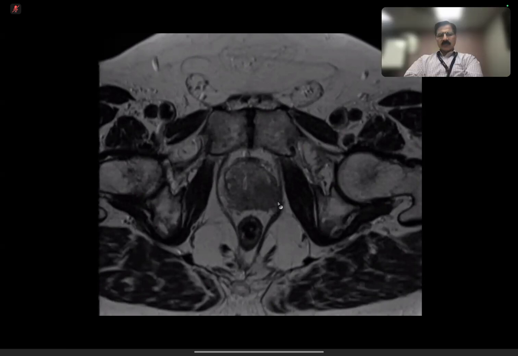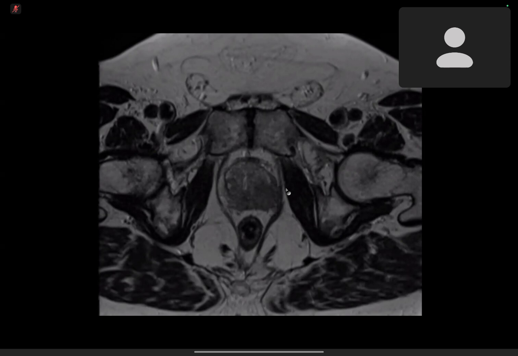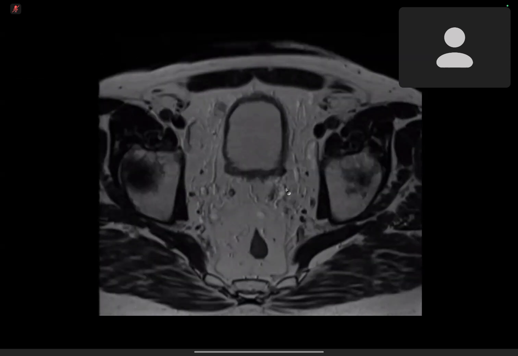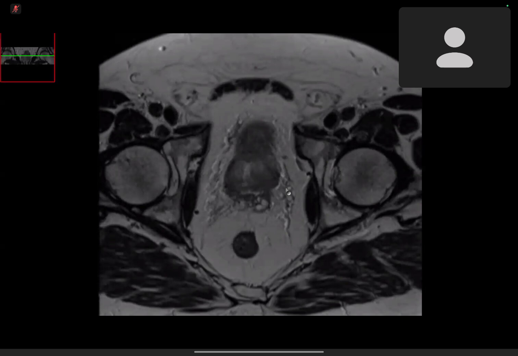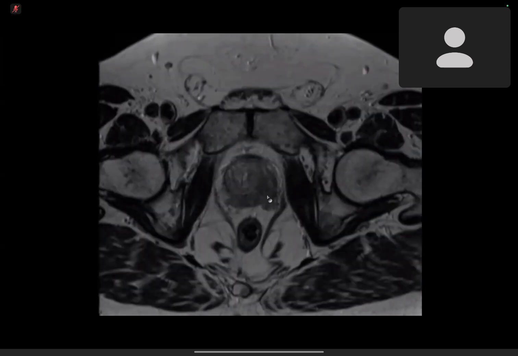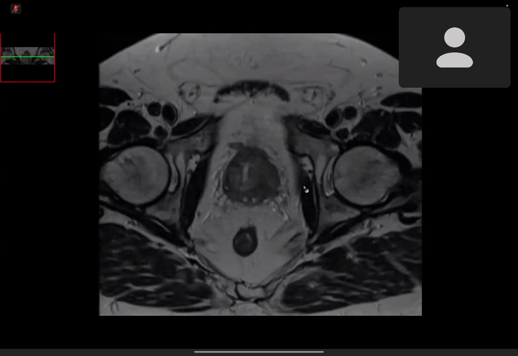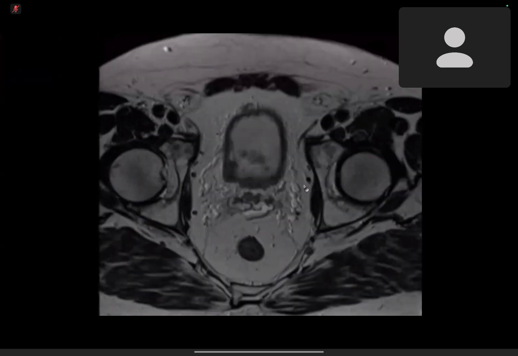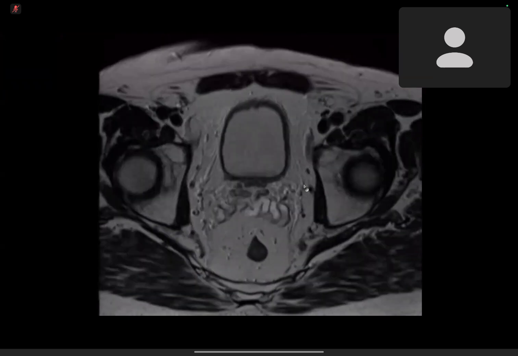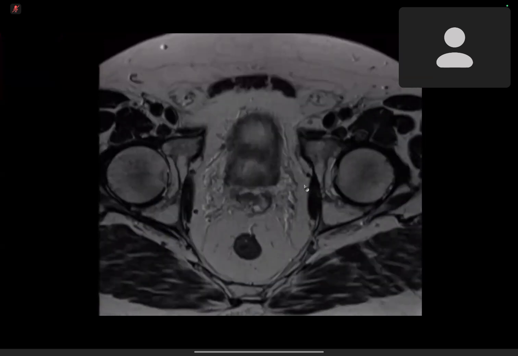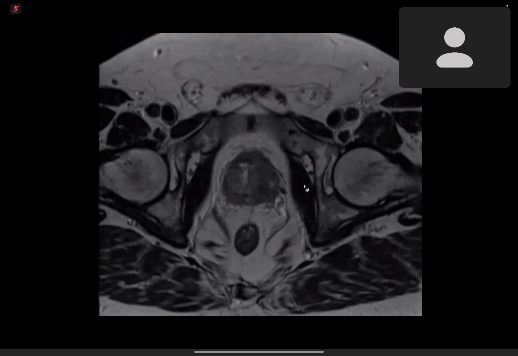So is it confined to the prostate? Yes, I have to further stage the lesion. So on the left side, the lesion is showing some periprostatic fat stranding and some extracapsular extent within the surrounding periprostatic fat. So this is showing extracapsular invasion as well. However, it is away from the bilateral seminal vesicle, and it is not showing any bladder wall invasion.